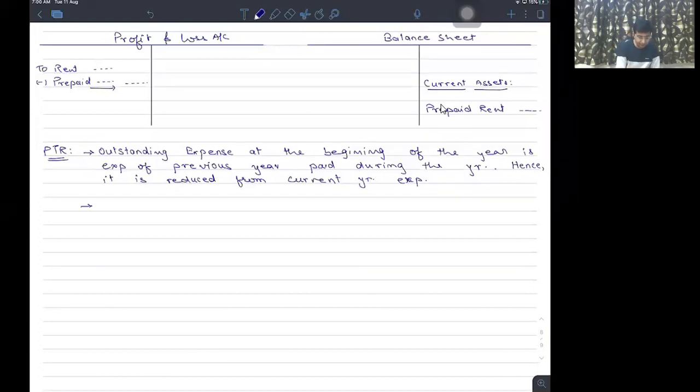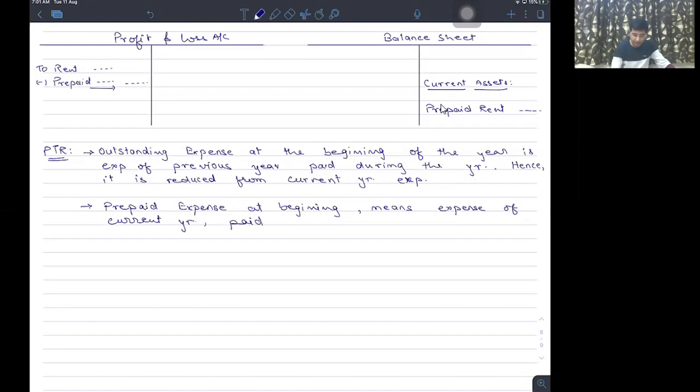Similarly, prepaid expense at the beginning means expense of current year paid during previous year.